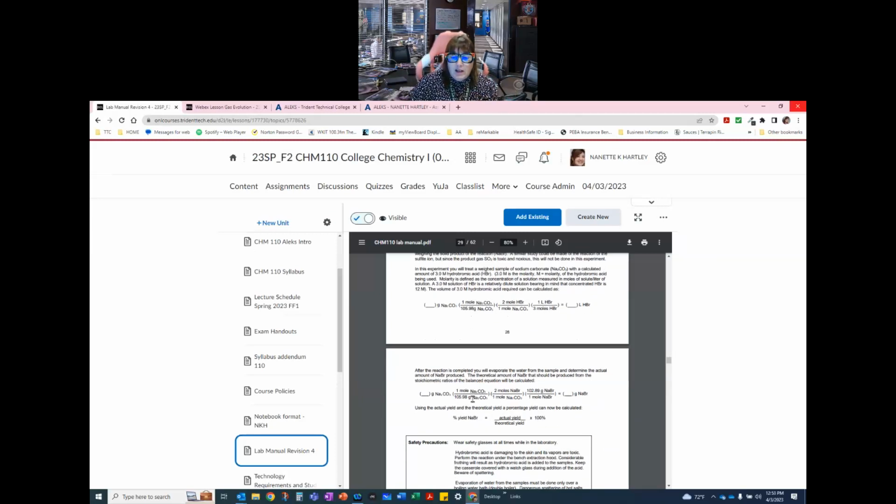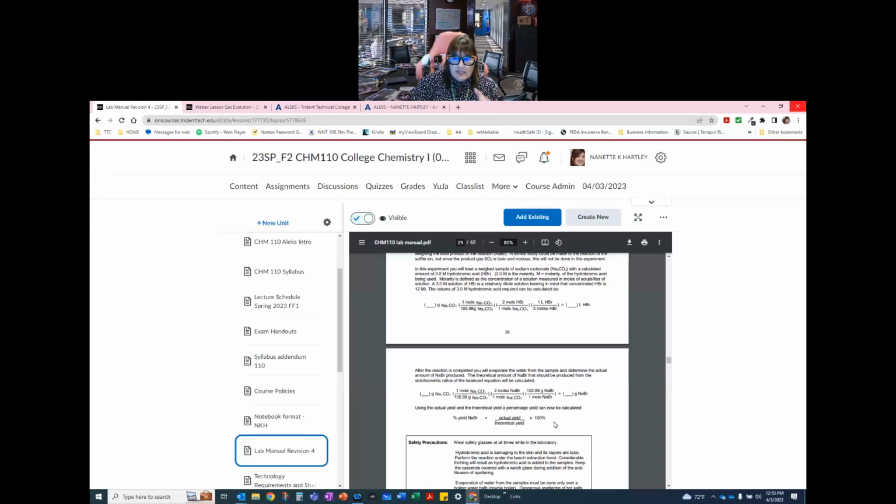Now after that reaction is complete, you'll evaporate everything off and you'll be left with NaBr. You have an amount of NaBr that you think you should be forming, and you can calculate that based on how much of that Na2CO3 you start with. That gives you your theoretical yield for NaBr. The actual yield that you measure will be calculated as that actual yield divided by the theoretical yield times 100%.